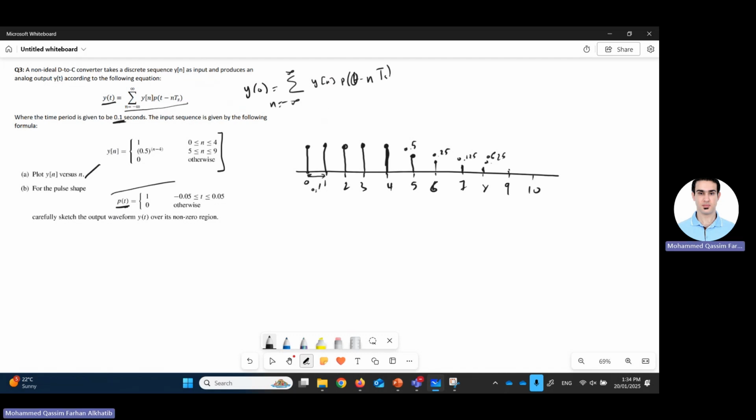So basically I'm going to slide this one over the samples. The first one, I'm going to have something like this. That's the first image, that's the second image, and so on. It's just going to keep getting the same pulses. Because this one, if you want to draw it, is from negative 0.05 to 0.05, and the value is 1.